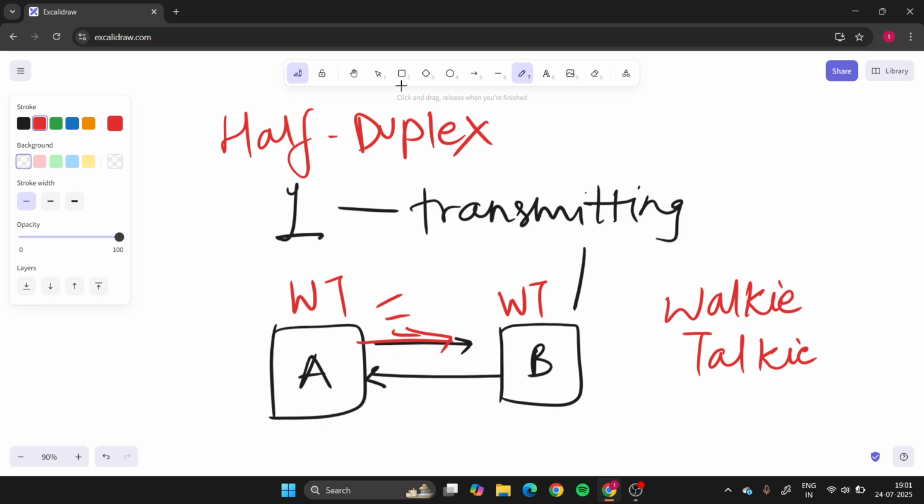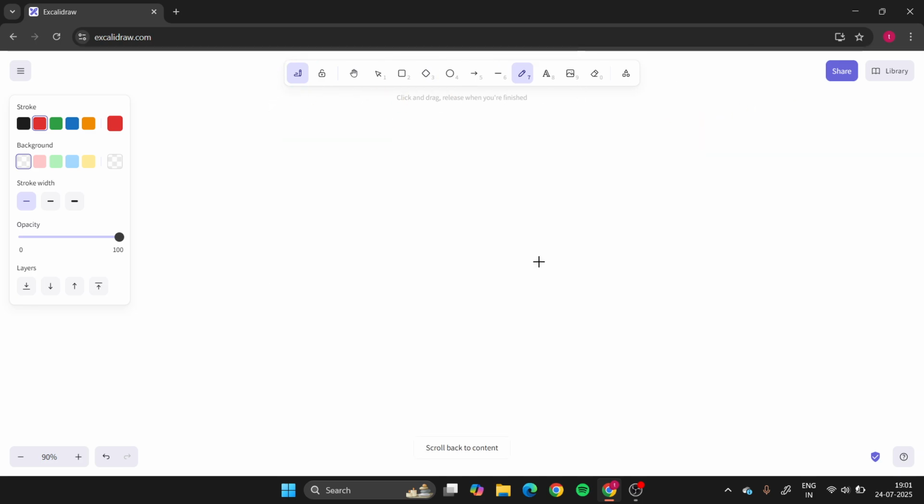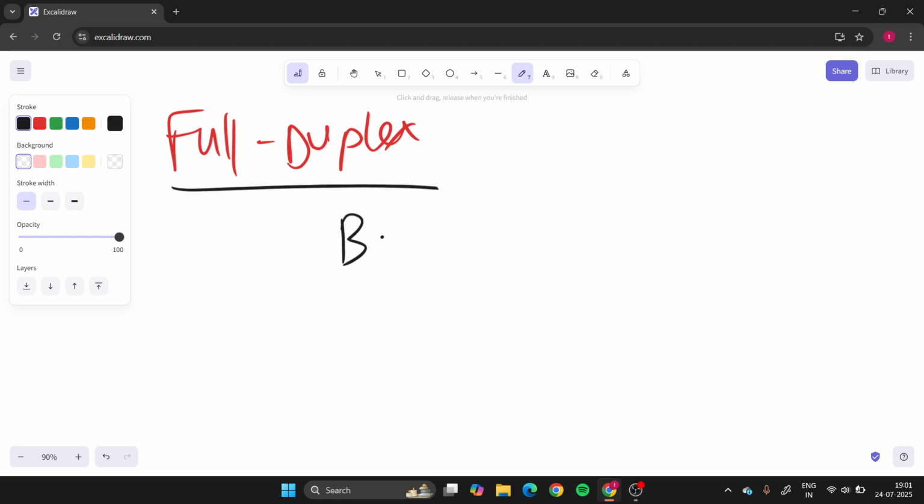And the last one is called full duplex transmission. Data is transmitted in both directions simultaneously. Both devices can send and receive data at the same time. You can both talk, you can both transmit data, you can both receive data, you can both respond simultaneously, all at once.